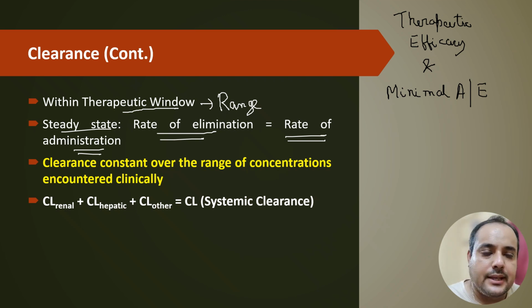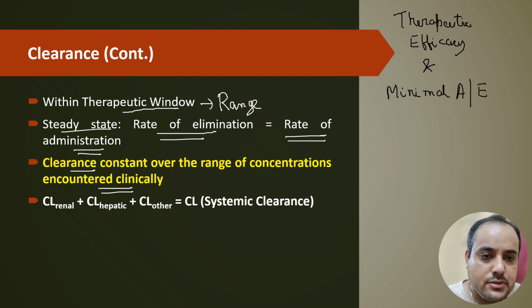Now you may think that increasing the dose of the drug is going to increase the clearance of the drug, but rather what we have observed is that the clearance of the drug remains constant over the range of concentrations with which the drug is given clinically. So in the entire clinical range, the clearance of the drug is going to remain constant.